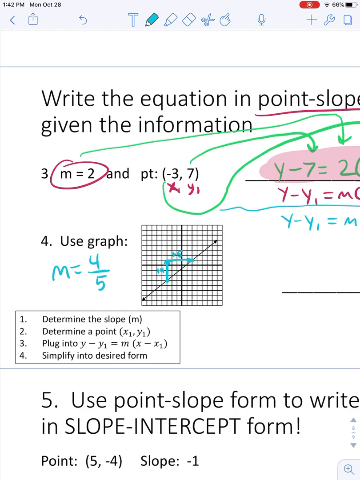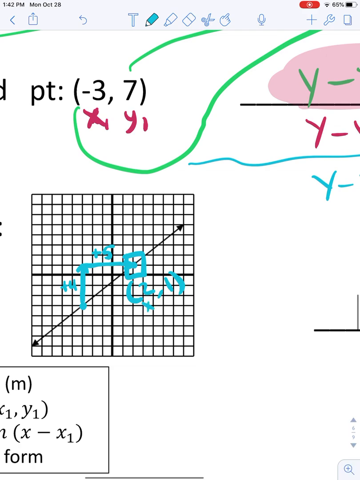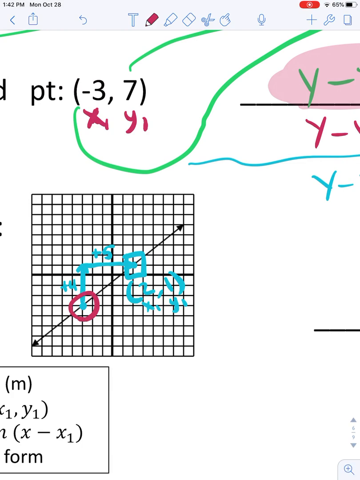A point, I just need any point on this line. I'll just use this one right here. This was at (2, 1). I know I've kind of drawn on it, so it might be hard to see, but it's (2, 1), which is my (x1, y1). Now, some of you might be thinking, why don't I use this point? And you can. It would work. Okay, I'm just going to use that (2, 1).